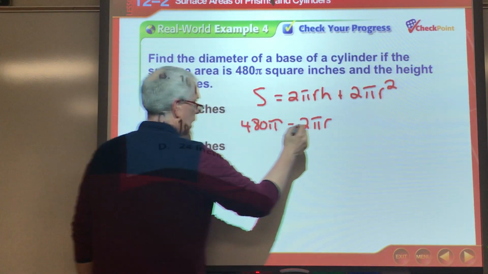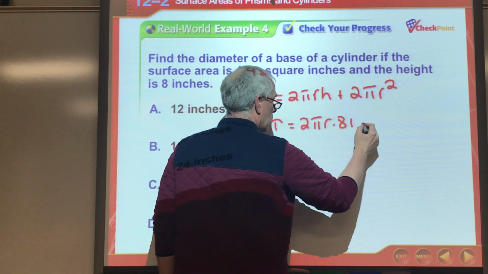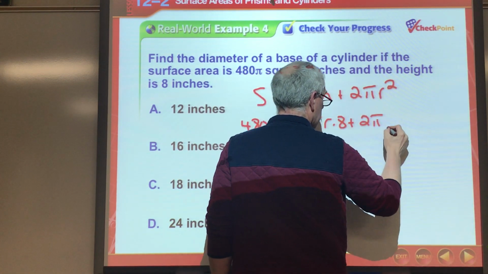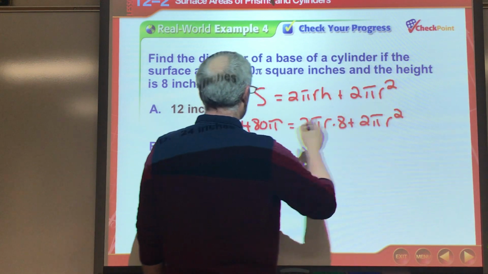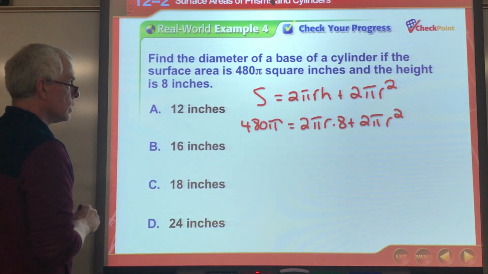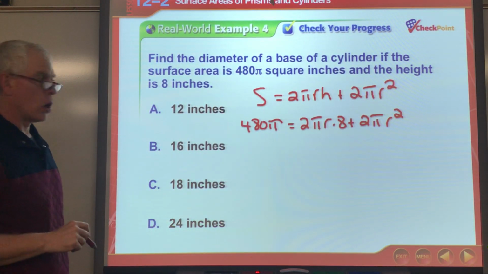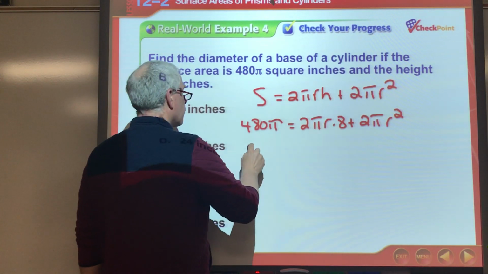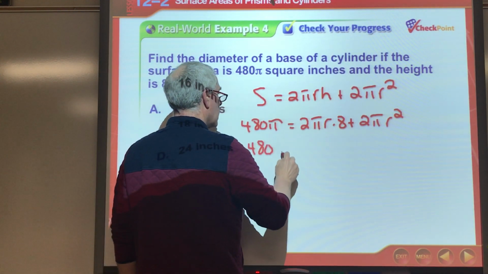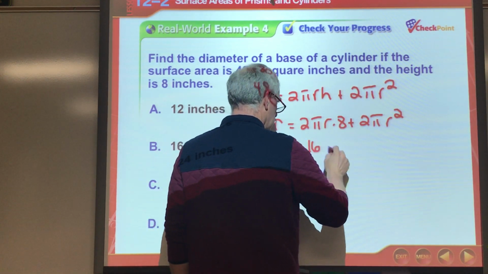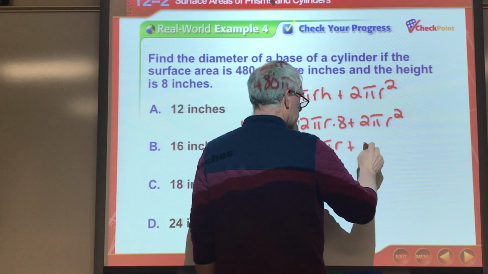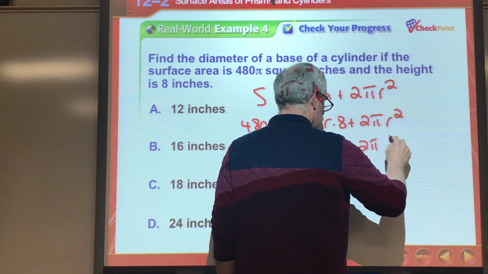I know the height is 8, plus 2 pi r squared. Okay? So I'm ultimately going to be trying to find r here. Okay, so I've got 480 pi equals 8 times 2, 16 pi r plus 2 pi r squared.